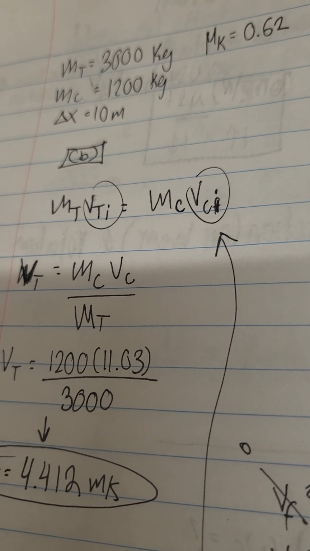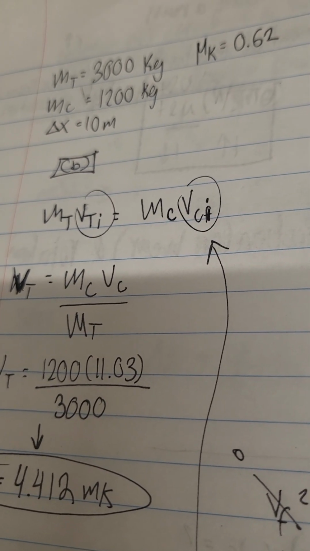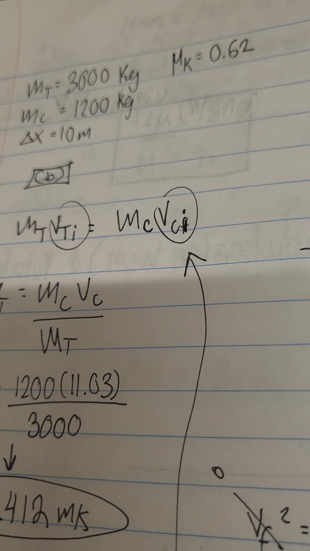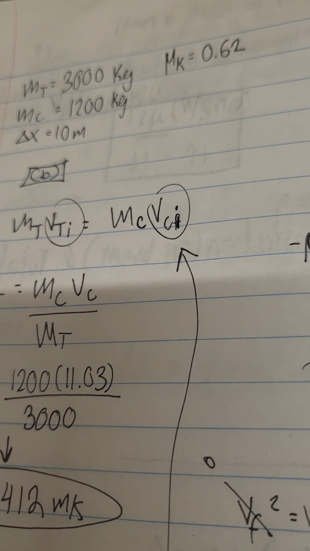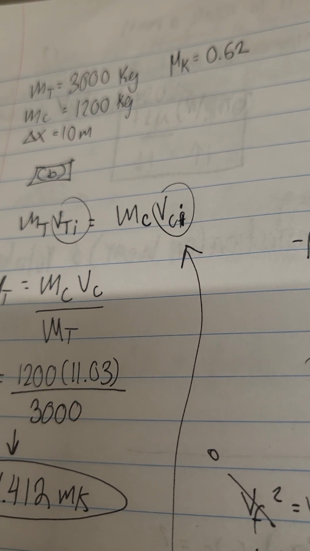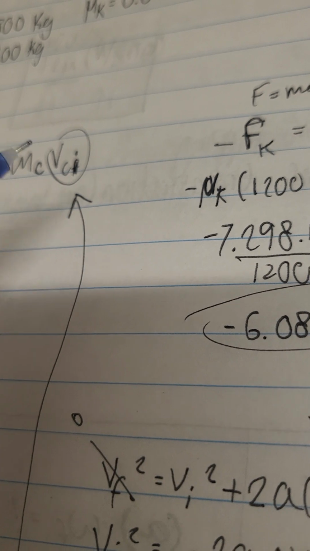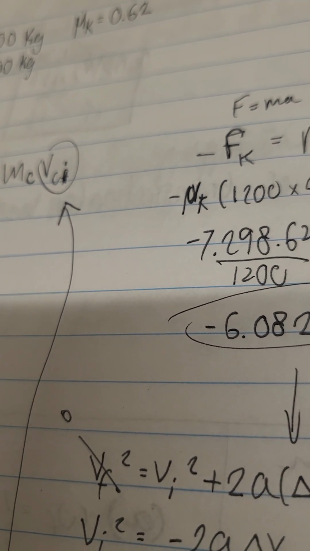So at this point in time, the train has abruptly stopped and it's no longer in motion. So the car would be the only object in motion. So that's why the train is not on this side of the equation.